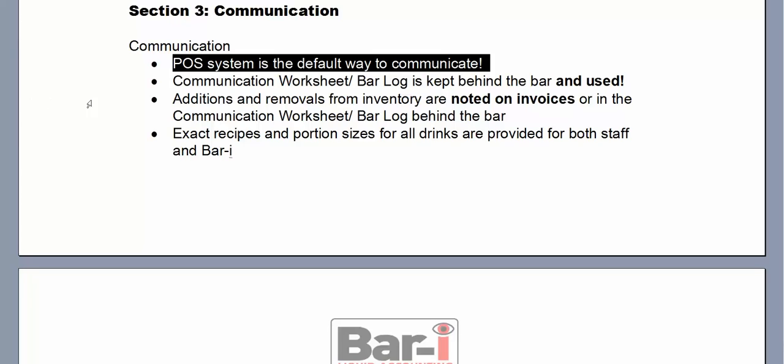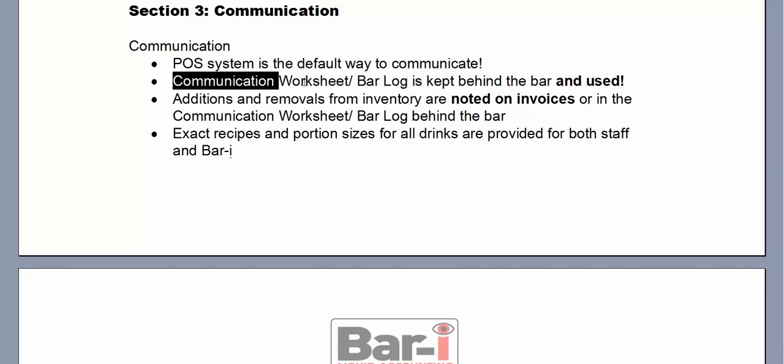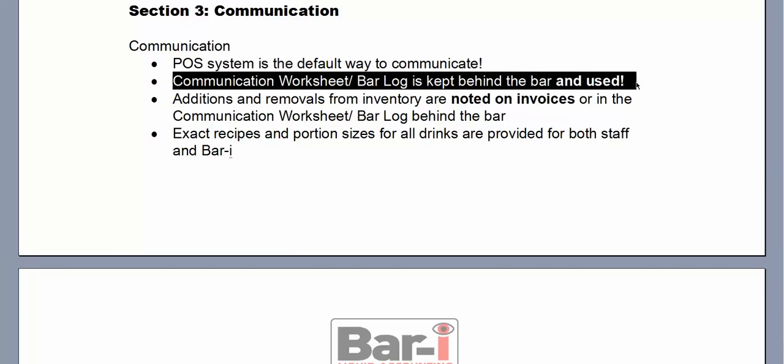That being said, bars are complicated places, a lot of moving parts, and so there will always be some things that need to be communicated. And for that, we require you to put a worksheet. We can actually print these out for you. We've got specific BarI communication worksheets, or if you already have some sort of booklet or bar log, we need you to keep it behind the bar, communicate to all staff members where it is, and critically, it needs to be used frequently.